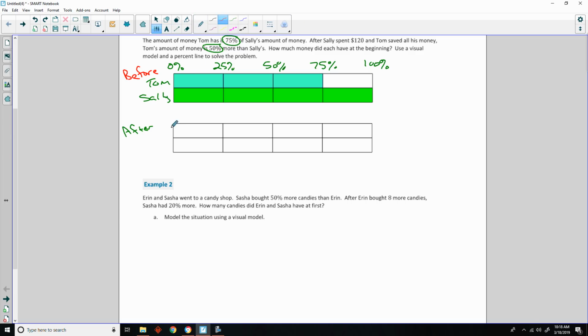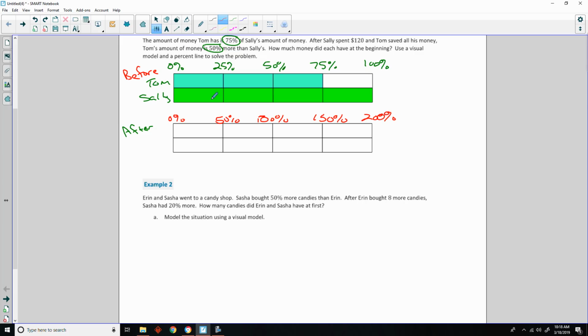Let's use red here. This is going to be 0%, of course. But this isn't going to be 25 here because we're now dealing with 100% and 50%. We can do 50% increments. So let's make this 50%. This 100%. And this 150%. and this 200%.